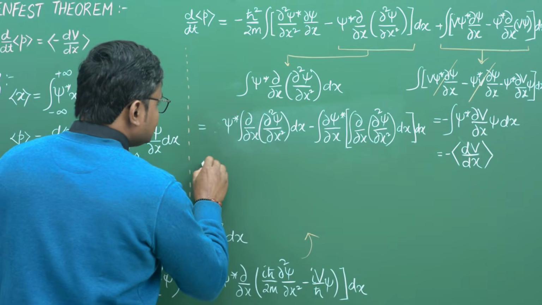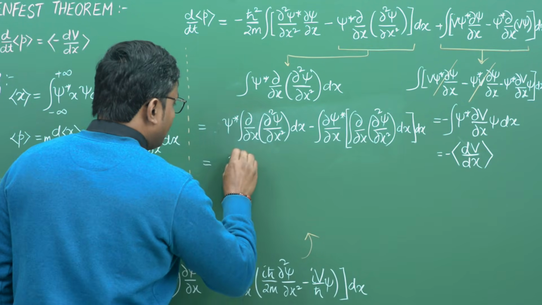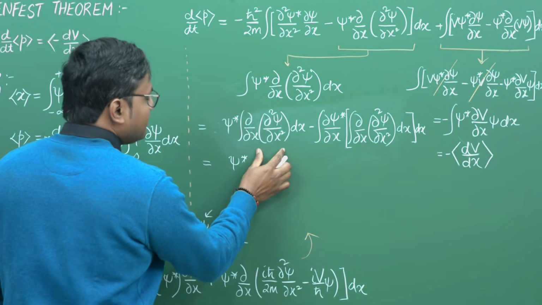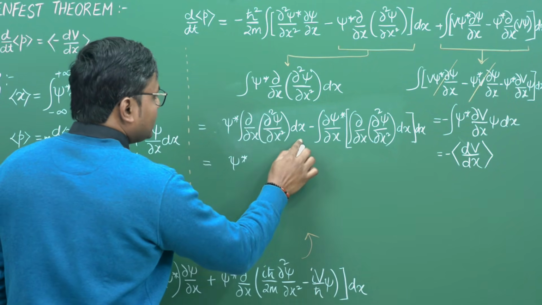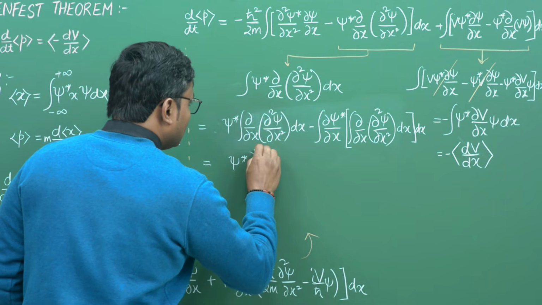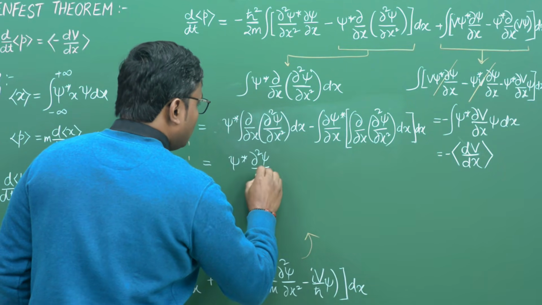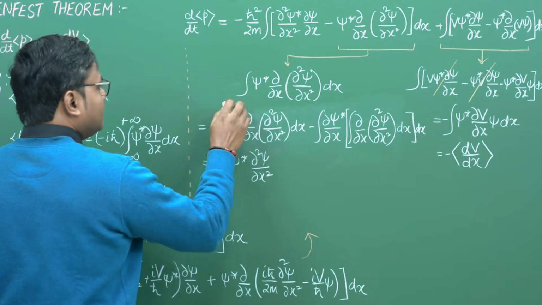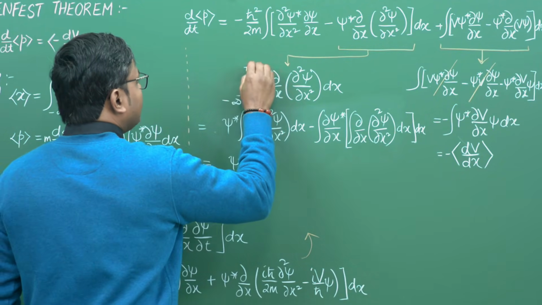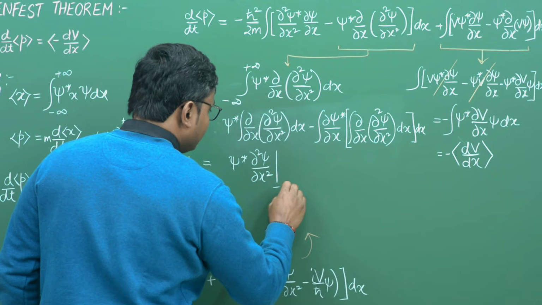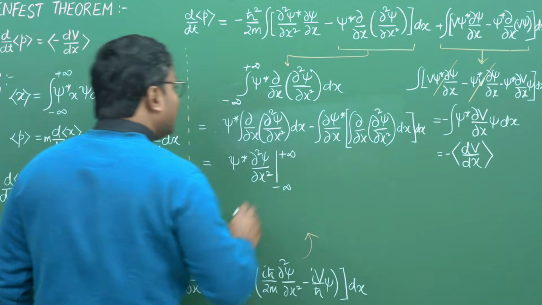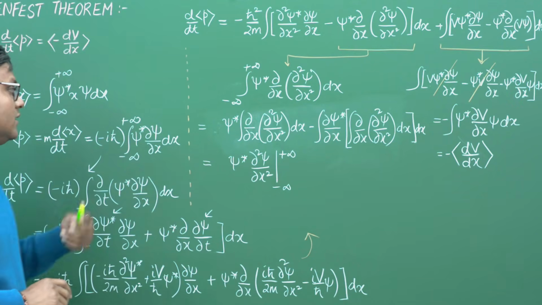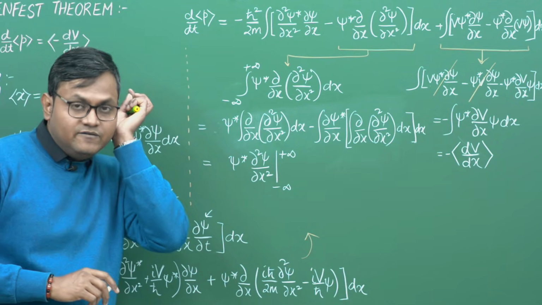Okay, so what is this? If you look at this particular expression, you have psi star and then del upon del x of some quantity integrated with respect to x simply gives us that particular quantity. So del 2 upon del x2. Now because this entire expression is being integrated between minus infinity and plus infinity, if I apply the limits here, we know that for any kind of physical scenario, wherever we have a wave function solution, they always go to 0 at infinity.